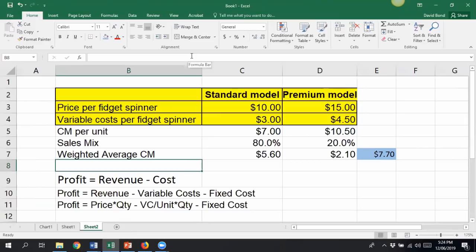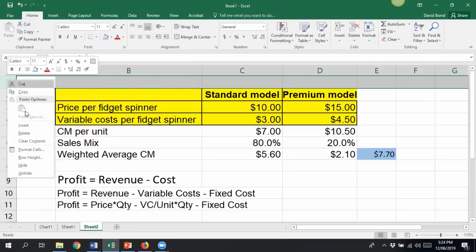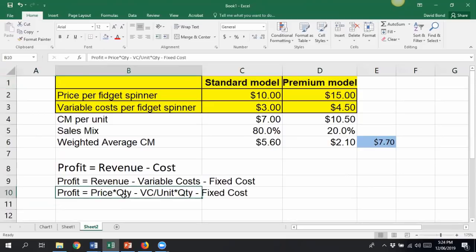Now that $7.70 is the one number we now need. So if you're doing it with multiple units, that's the number that we need to hold down to. We don't add it in directly, but we know that price minus variable cost is contribution margin, and what we have here is price minus variable cost.